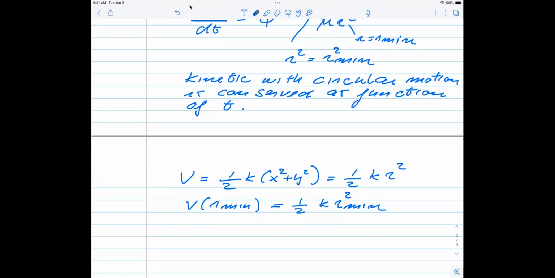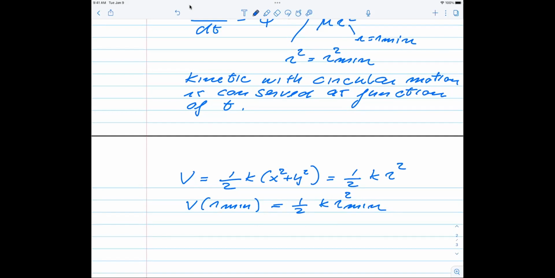So this is the only case with this type of potentials where kinetic energy and potential energy are conserved by themselves. When we go to elliptical orbits, what you're going to see then is that the potential energy will oscillate with time, and we will see that from the equations. The kinetic energy will oscillate with time because x and y squared, when you add them, is going to change with time.